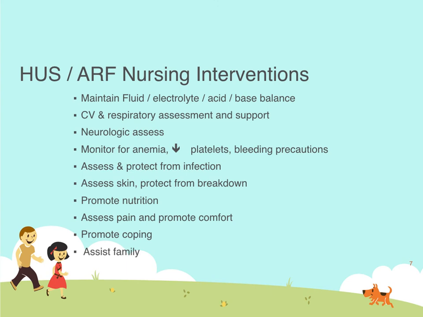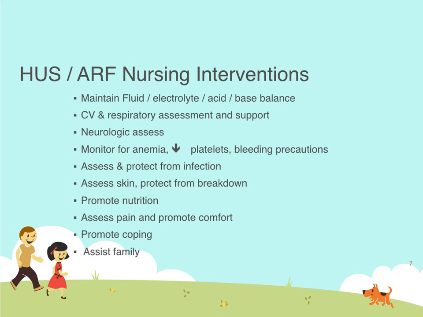Promote nutrition, and so if the child doesn't turn around quickly, then you would anticipate that intravenous nutrition in the form of TPN and lipids would be administered. Assess your child for pain and promote comfort. When they have edematous extremities, it's very painful. You want to turn this child at least every 2 hours and elevate the extremities with pillows.